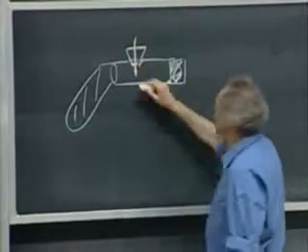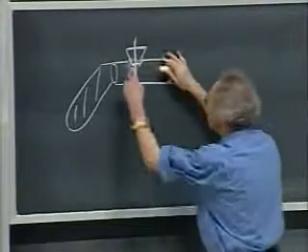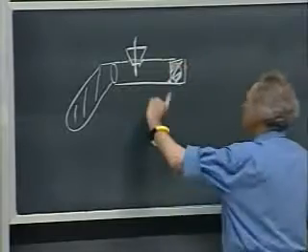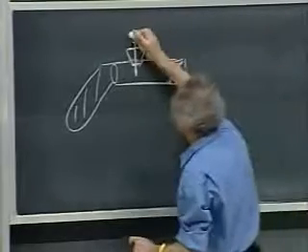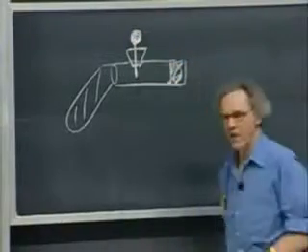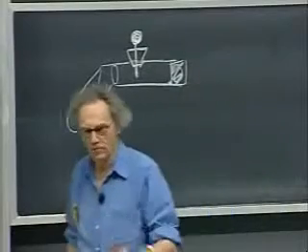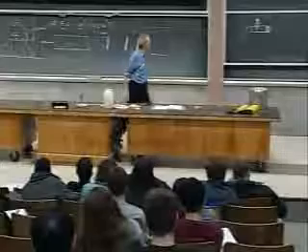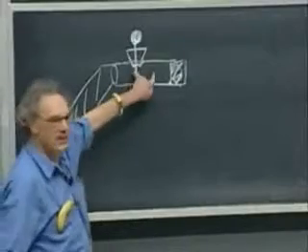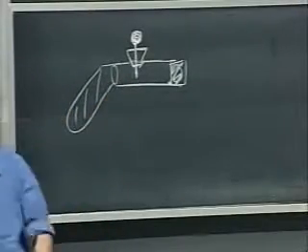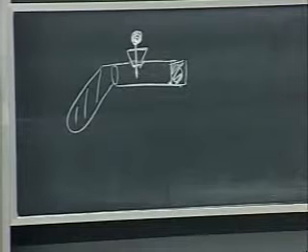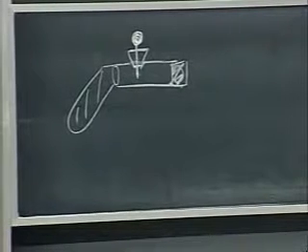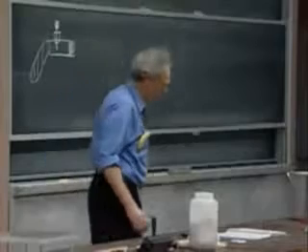This pin was completely insulated from the barrel, and then they would put some charge on here so that the spark would fly over there. This is really the precursor of the spark plug that we have in our cars. It's no different. And so if indeed there was this marsh gas in there, there might be an explosion, and that was a warning that there may be danger for the soldiers.